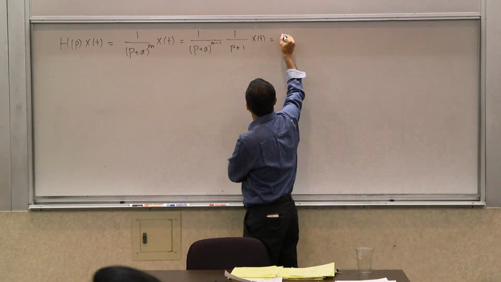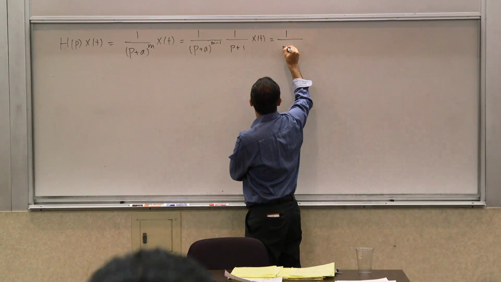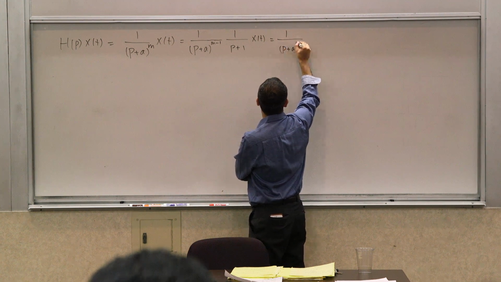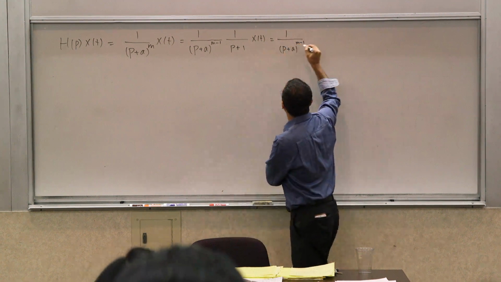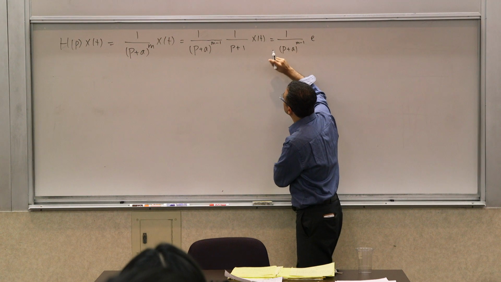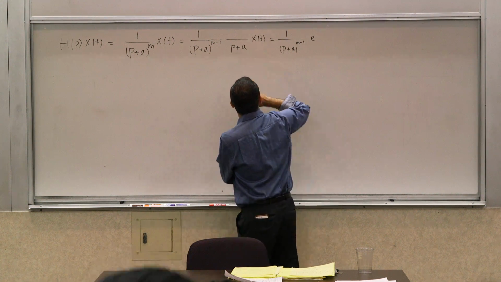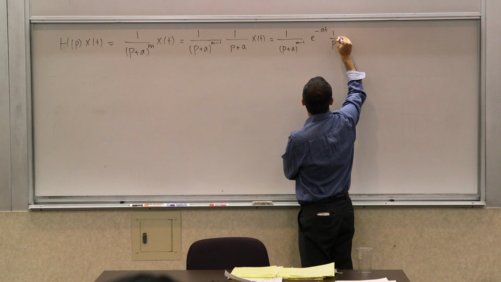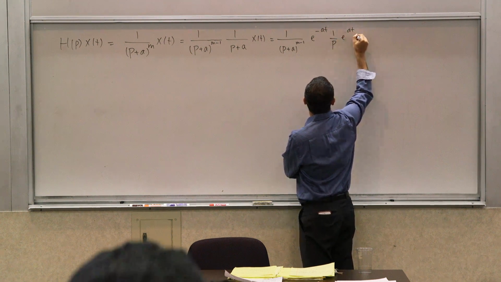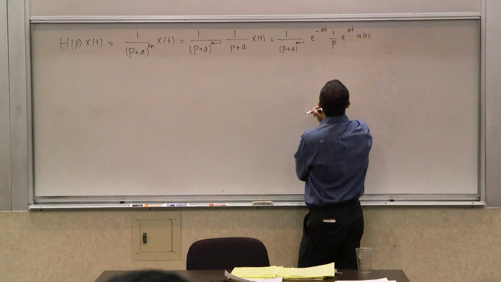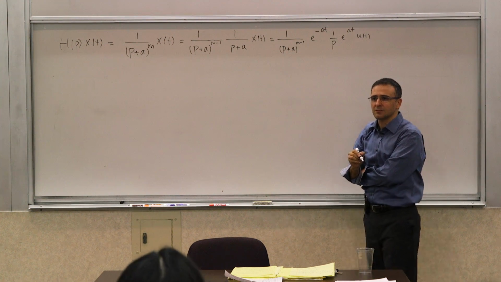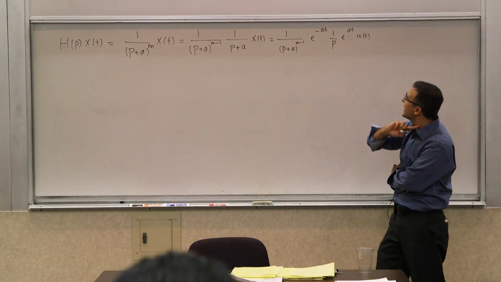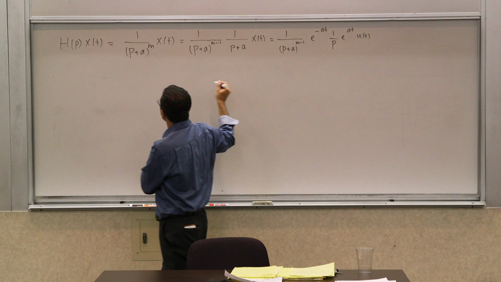Now I can use the expression that we derived for this. We know what this does, right? It's e to the negative at, 1 over p, e to the at, u of t.